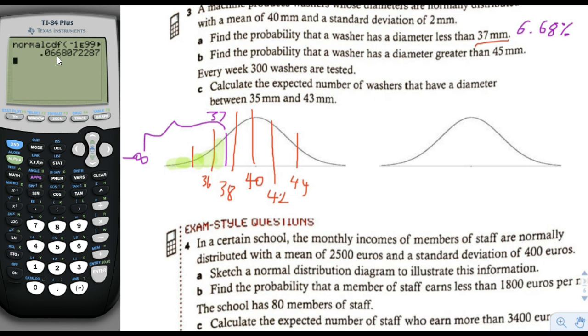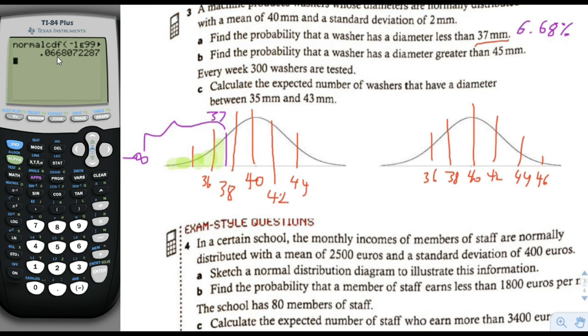Okay. Find the probability the washer has a diameter greater than 45. Okay, so now we're going to draw, at the beginning it's going to be the same, right? It's going to be 40 in the middle, 42, 44, 38, 36. And now they're saying, okay, from 45 to and greater.